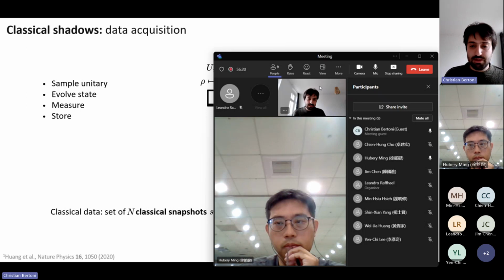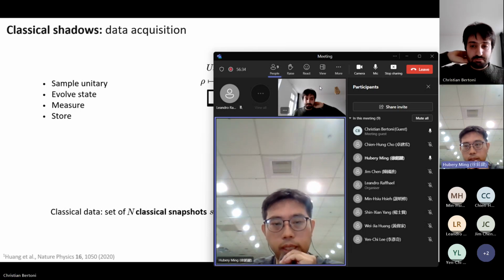In VQE you are mainly interested in these energies, and you already know in advance what you want to measure, so it might be better to do something tailored to these observables. Okay, I see.